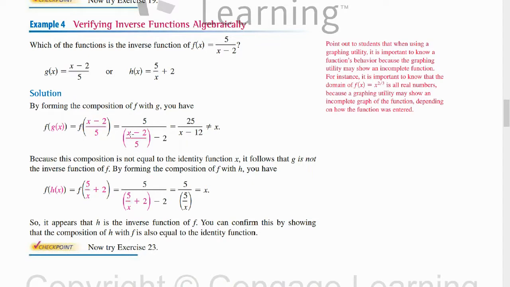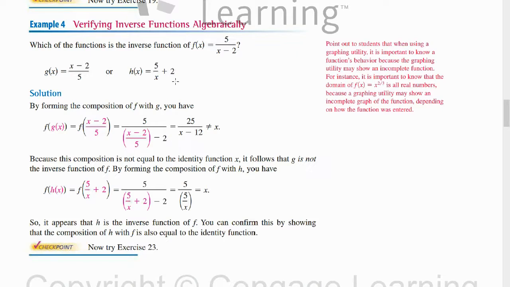On the bottom, 5 times this expression will just get rid of the 5, so you'll have an x minus 2. 5 times this will be negative 10. So basically, I'd have x minus 2 minus 10. Well, that'd be x minus 12. And so this actually simplifies down to this, which we can see is not equal to x. So we know for sure this is not the inverse.